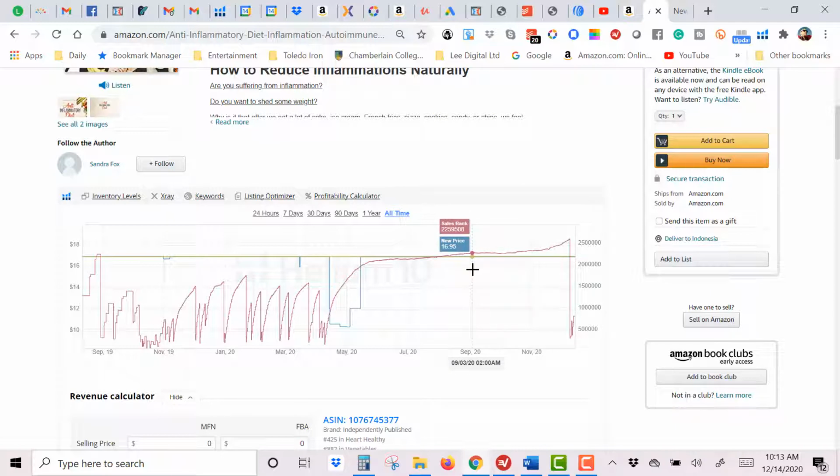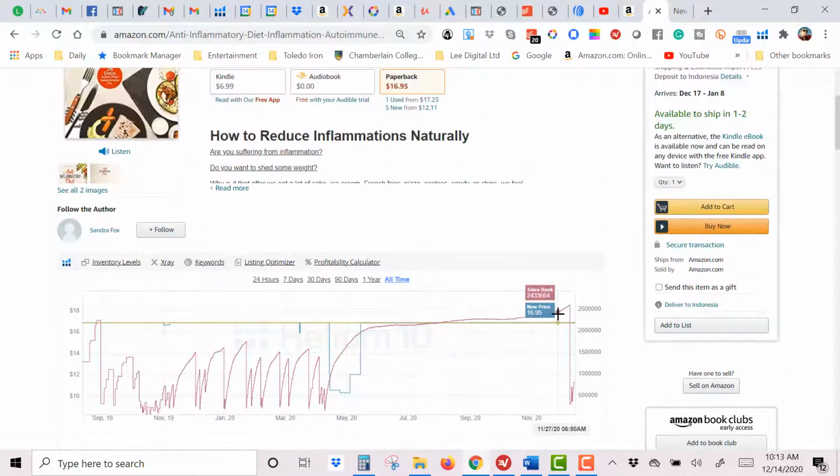Whenever you see a drop happen here, there's maybe like 1 or 2 sales happening every month, and then all of a sudden, in December we started getting sales again. So this doesn't scare me because I see that there's Kindle sales happening.